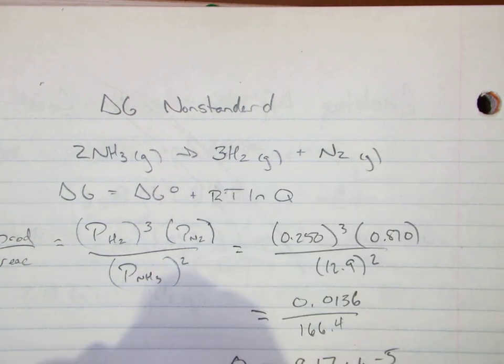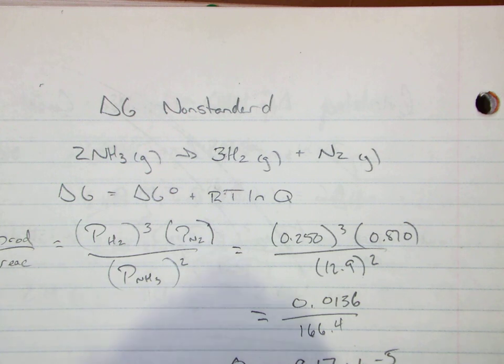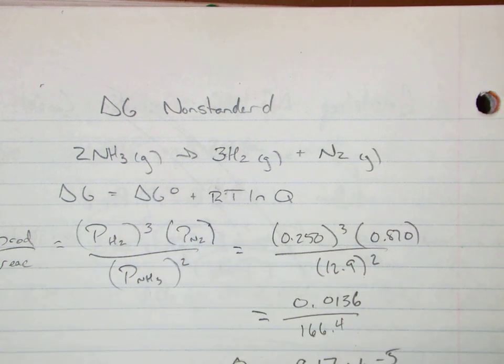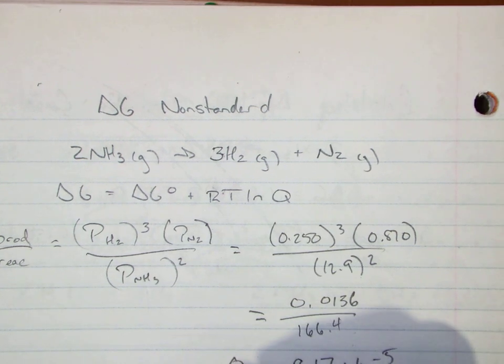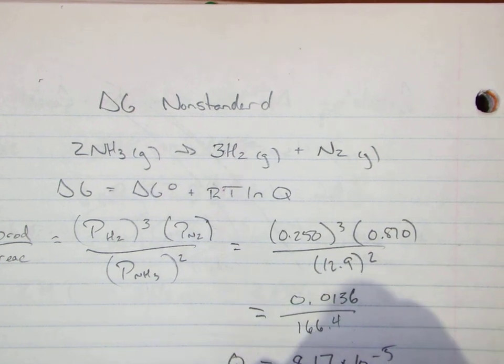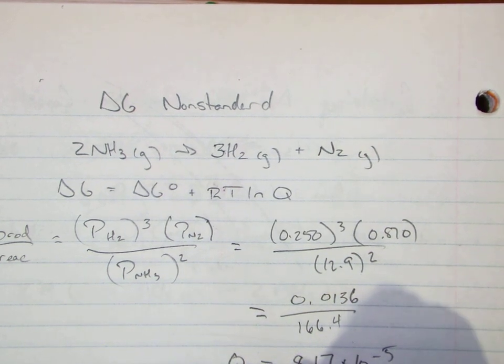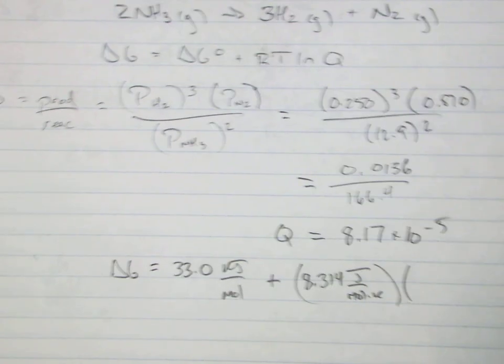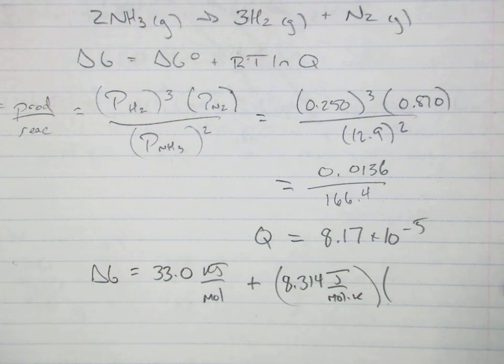I'm solving for delta G equal to delta G naught, which is equal to 33.0 kilojoules per mole. That information also comes from the slide and would have to be provided to you. The R value in these types of problems is 8.314 joules per mole Kelvin, which is a clue that your T, your temperature, has to be in Kelvin.